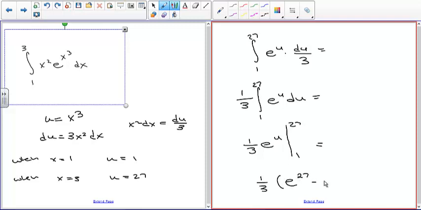It's a big number. E to the 27th power. Wow. Does it even work on a calculator? That's a heck of a big number. 5.32 times 10 to the 11th, plus e. I'm not even going to worry about that. Divided by 3.